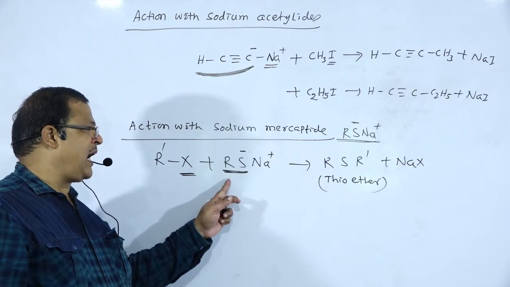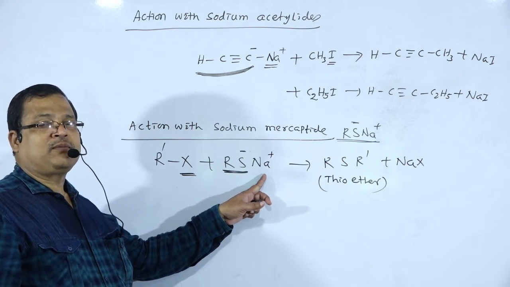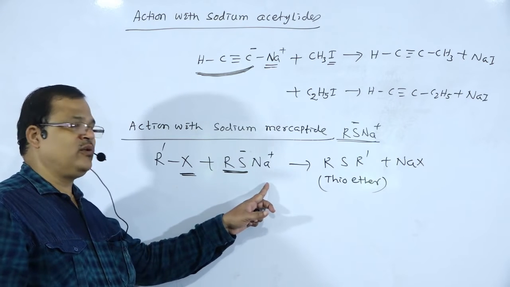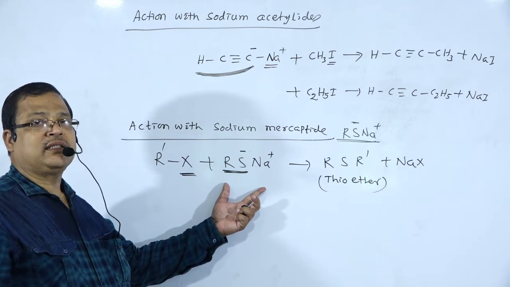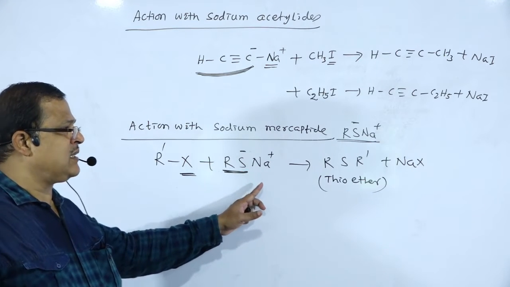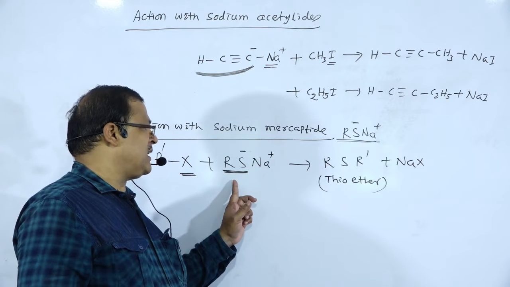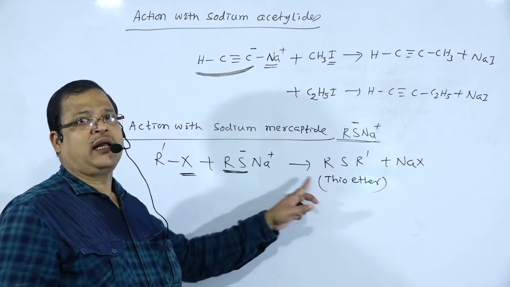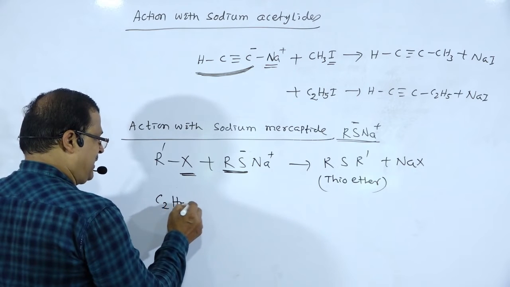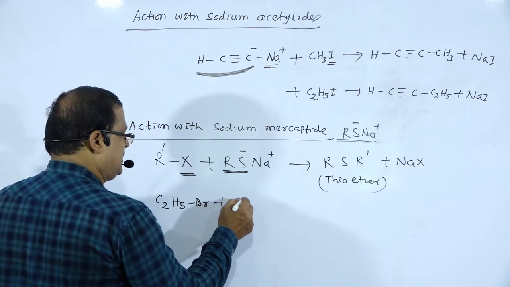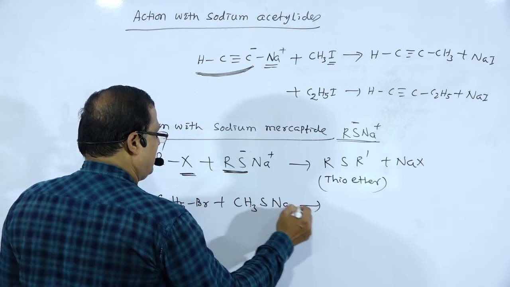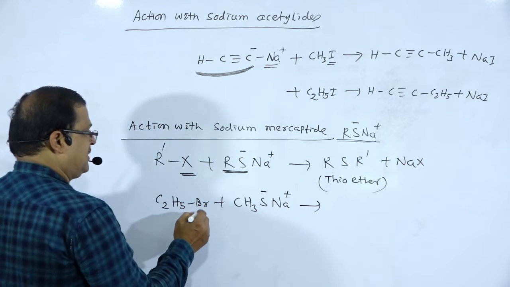If we take RONa, we have explained Williamson's ether synthesis. Instead of O, we have taken S. In that case we got ether, but in this case we will get thioether, with sulfur. For example, C2H5Br plus CH3SNa, Na plus S minus.